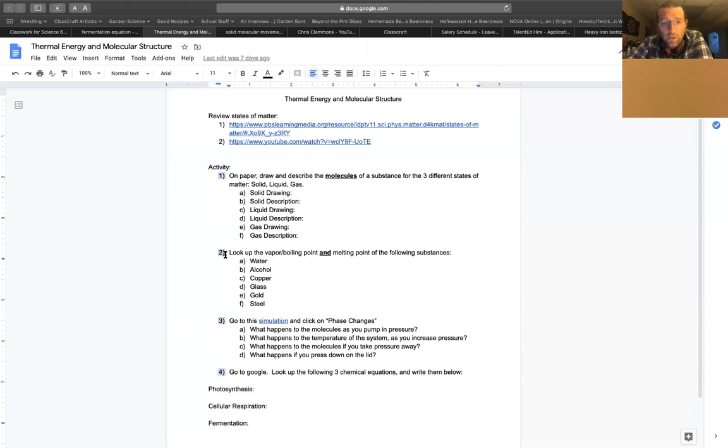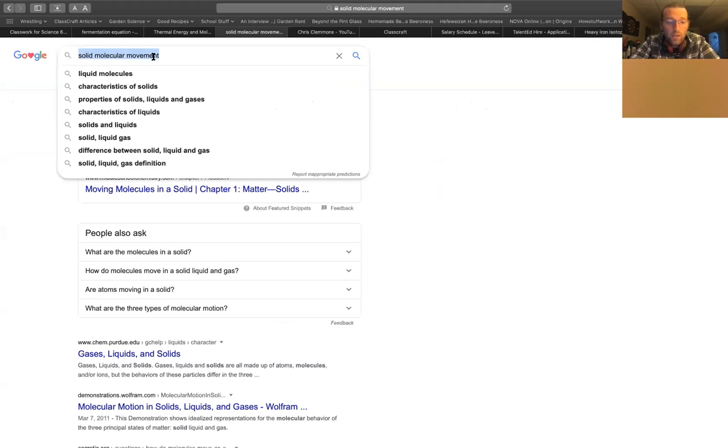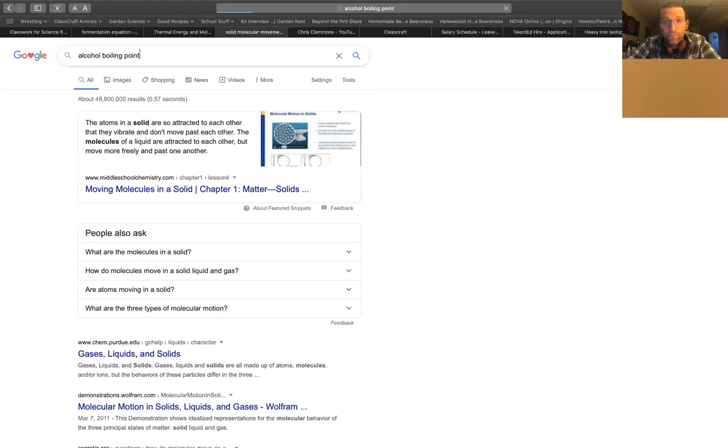Then number two here, I was asking you guys to look up the boiling points and melting points for each of these substances. I'm just going to go over 2 examples so you can see how to do it if you didn't get this done. But all you do is you go to Google and you say things like alcohol boiling point.